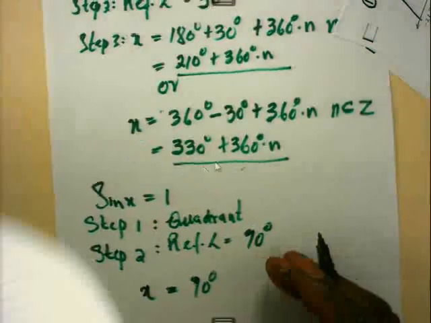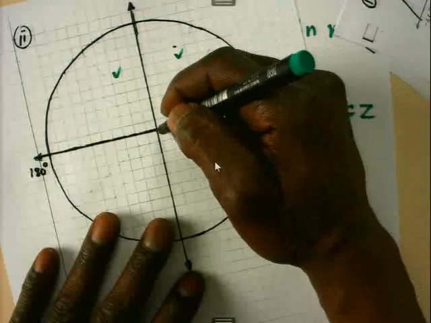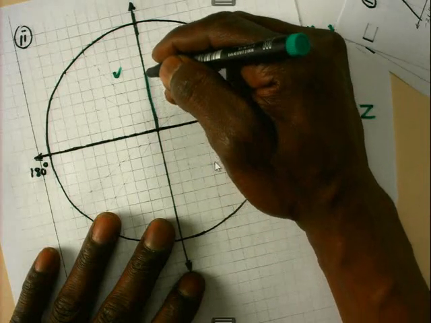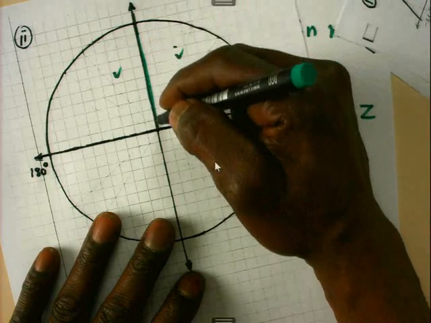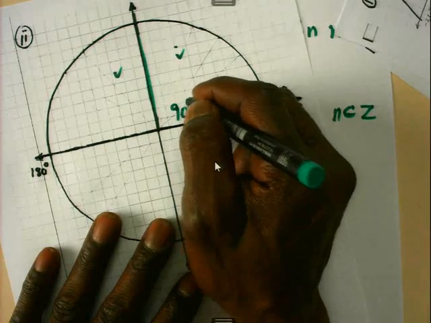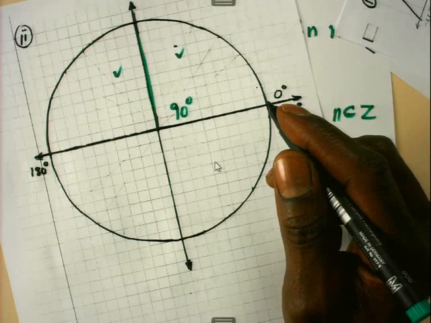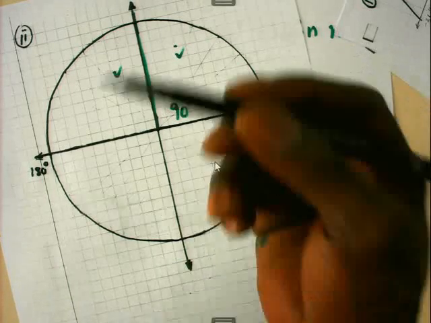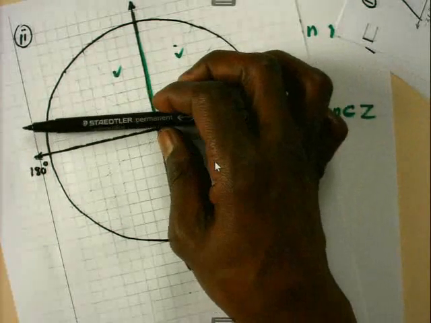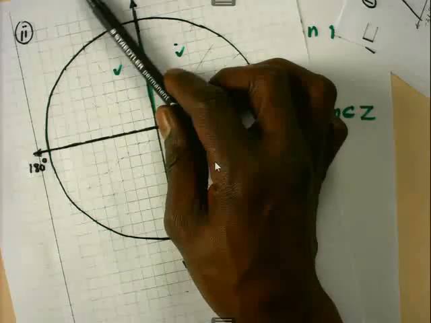So let's demonstrate that. We are in the first and the second quadrant, but now the reference angle is here, from here to there, which is 90 degrees. This is the same as saying we have the ratio positive in the second quadrant.